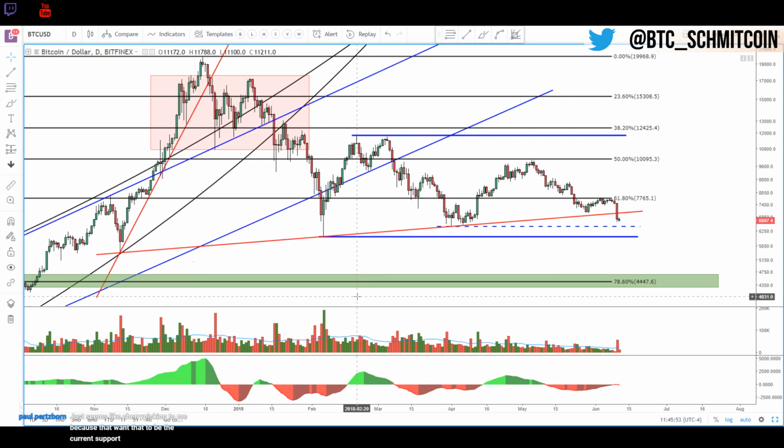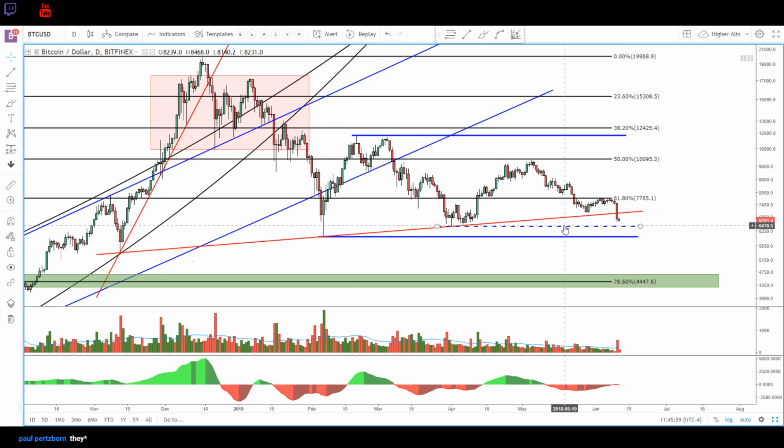I see a lot of crypto Twitter people putting the lower line of the macro trading range around 6640. Where's 66? Yeah, okay.